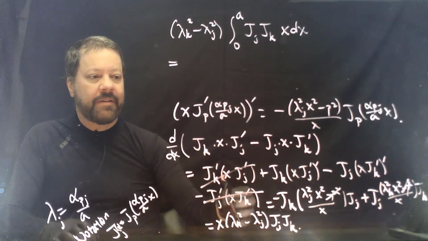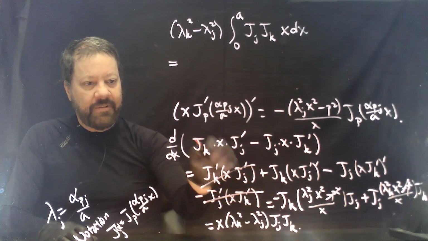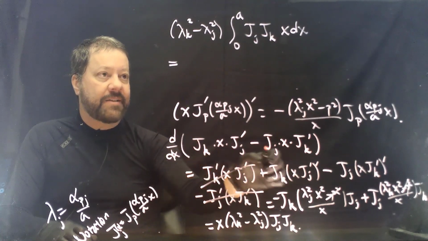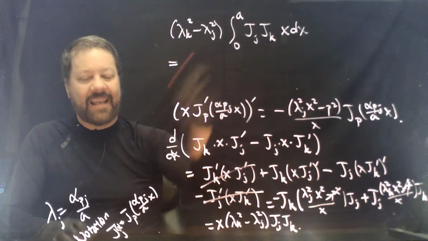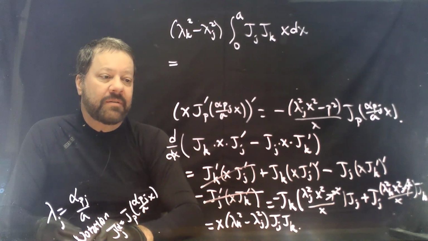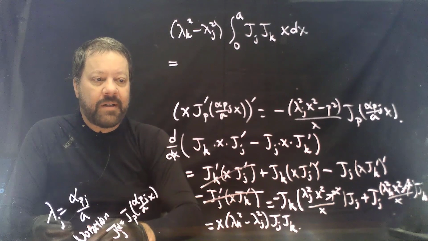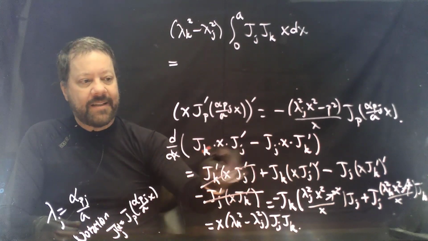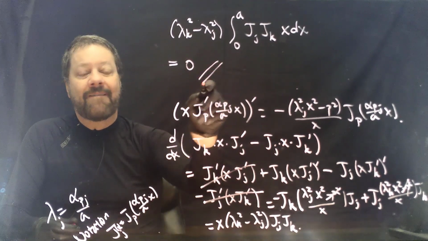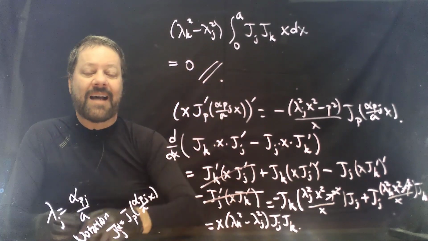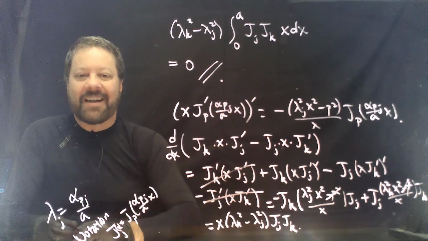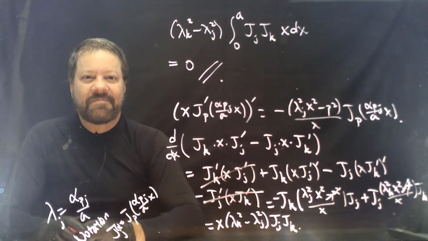Note, however, that without the derivative here, each of these J's evaluated at a will be evaluated at a root, and that'll be 0. Similarly, if we evaluate these at 0, we get 0. And since j is not equal to k, we have that these functions are in fact orthogonal.